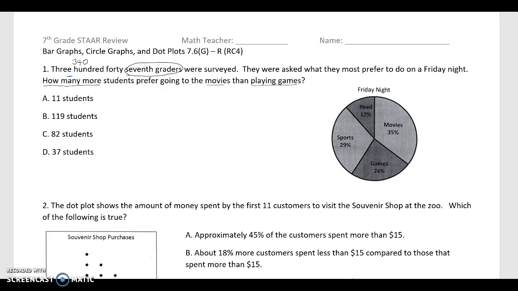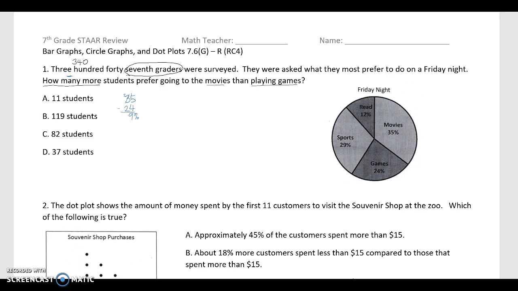Go ahead and find out the percentage of more now, right? Okay, so movies is 35 minus games is 24, right? So we have 9% more prefer going to the movies.